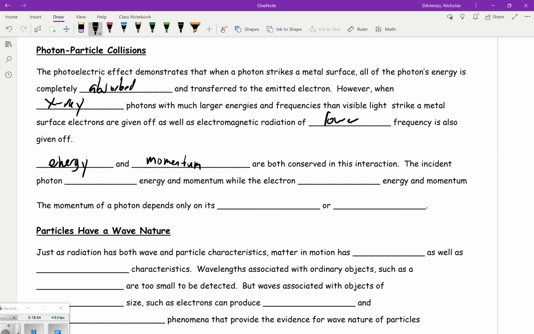The incoming or incident photon loses its energy and momentum, while the electron gains that lost energy and momentum. And the momentum of the photon is only going to depend on the wavelength and the frequency.